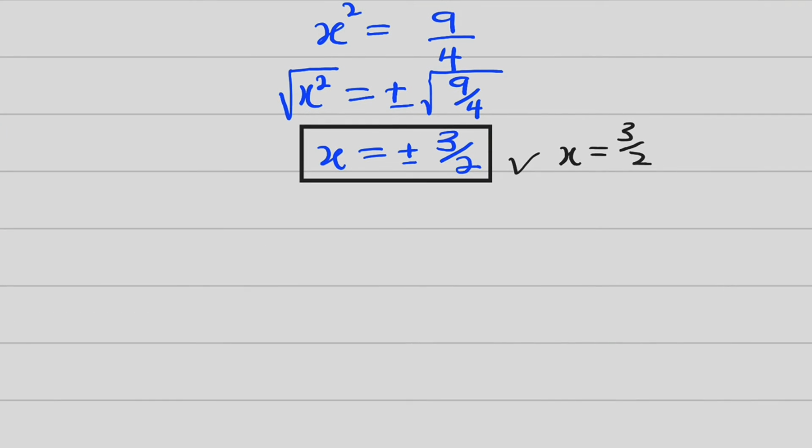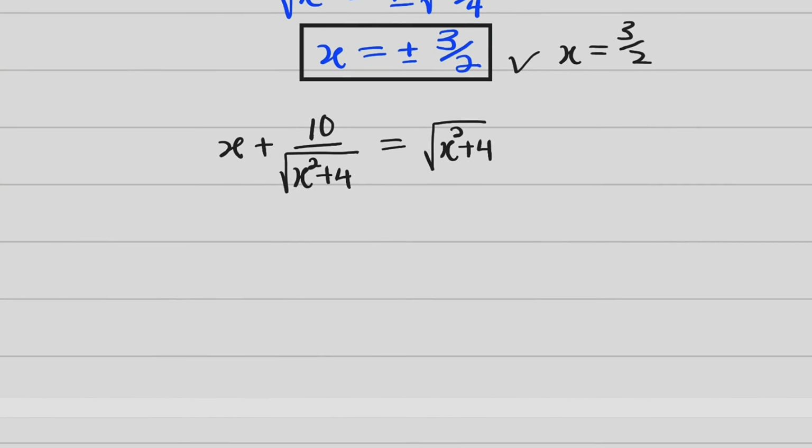So the main equation is x plus 10 divided by the square root of x squared plus 4. To the right, we still have square root of x squared plus 4. But you can see x is 3 divided by 2. We are going to substitute it wherever we see x.